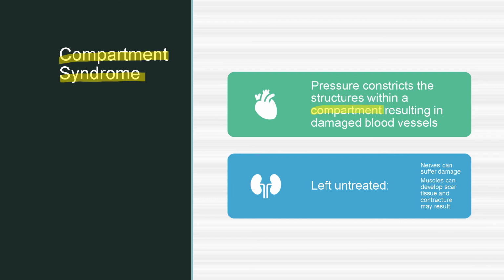So an external force that could cause compartment syndrome would be a physical crushing injury, like crushing your arm or leg under some type of machinery. That's going to be an external pressure that restricts blood supply to the muscles within the compartment.